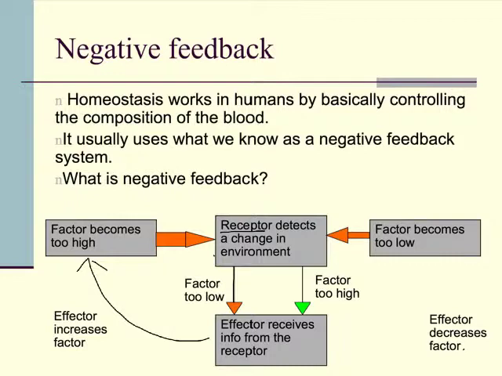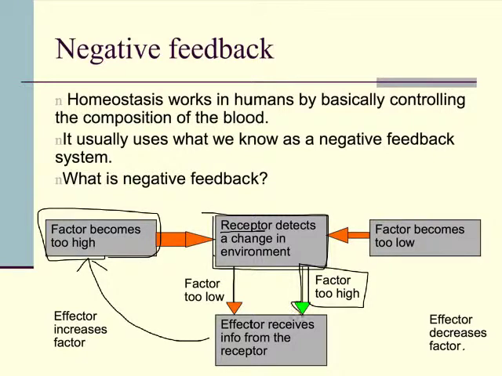Unfortunately, it's not under really, really fine control. So generally what happens is the factor then becomes too high. It just goes a bit too far, so your temperature's dropped down to 37.3 degrees, and so it increases up, but it's 37.6 degrees, a bit too high. So your receptor again receives that information, detects that it's too high, sends that information to an effector, and then the effector decreases the factor, and the factor then becomes too low.